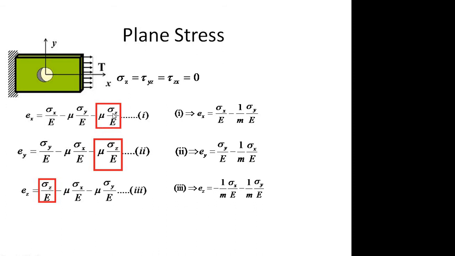Since sigma z is equal to 0, this term goes out, so epsilon x is equal to sigma x by E minus 1 by m into sigma y by E. Remember, 1 by m is Poisson's ratio, or mu. Both are one and the same. Here epsilon y is equal to sigma y by E minus mu into sigma x by E, as the sigma z term now gets cancelled.